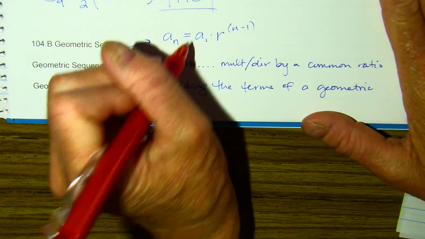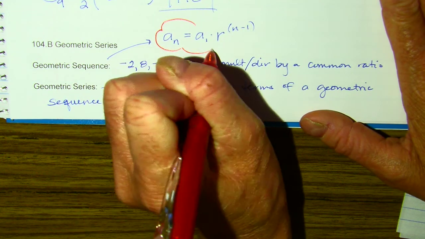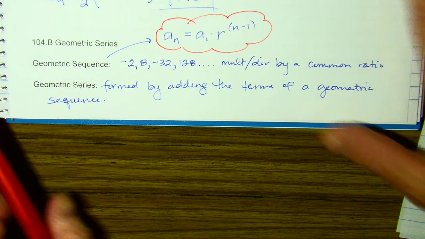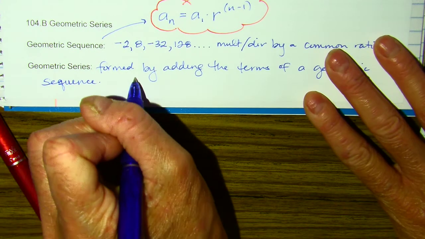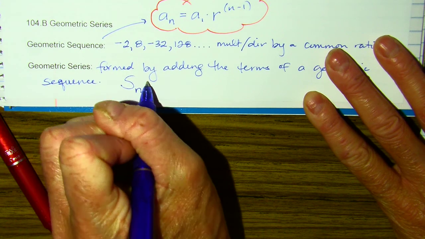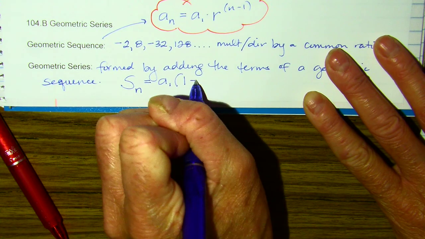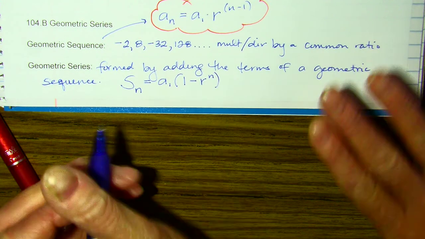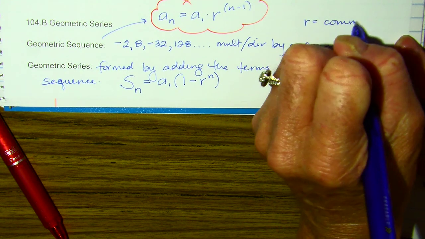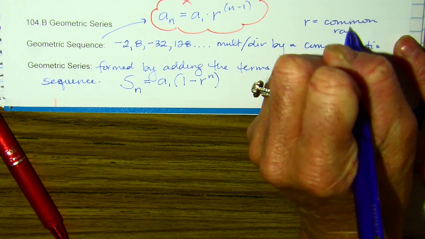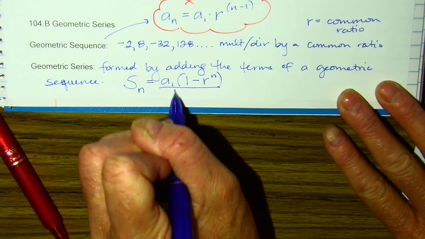But we are going to be working on a geometric series, and the formula for that is the sum of so many terms equals our first term times 1 minus r to the n, where r is our common ratio, just like d is our common difference, divided by 1 minus r.